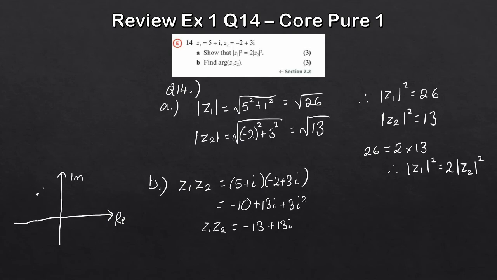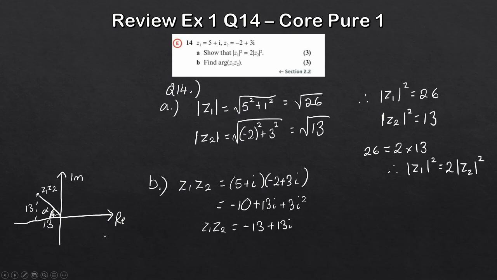So let's just say it's there. So that's z1 z2. So now, if you think about this, that's 13 across, and it's also 13 up. Okay, 13 along the imaginary, 13 along the real. So again, the angle we're looking for is this one here. We call it alpha.